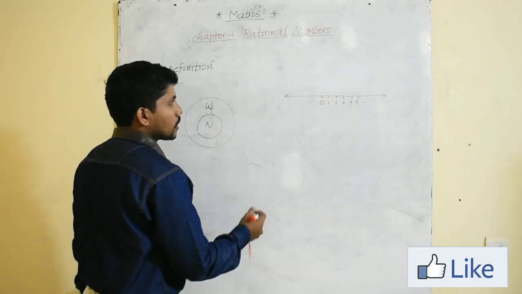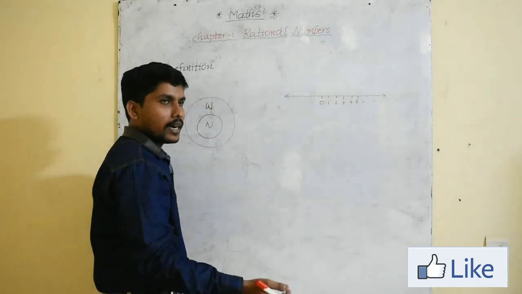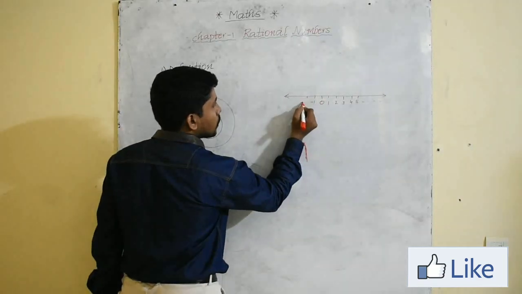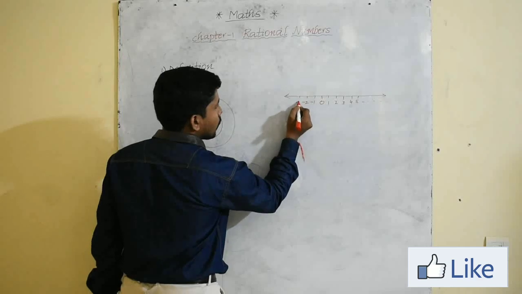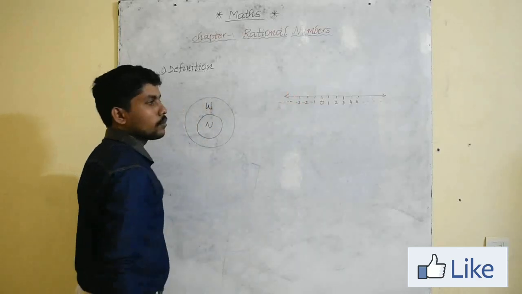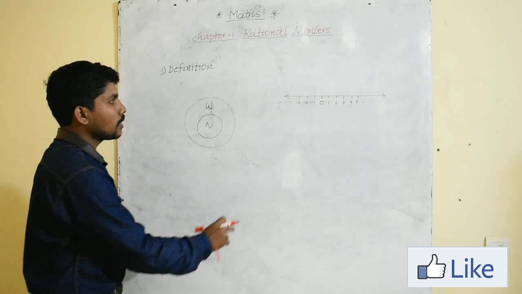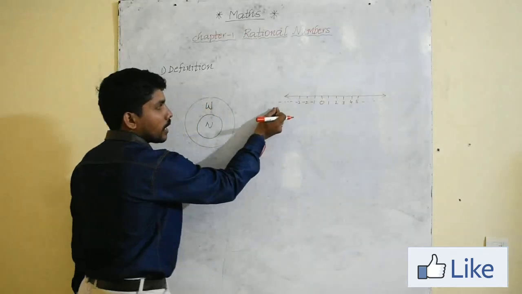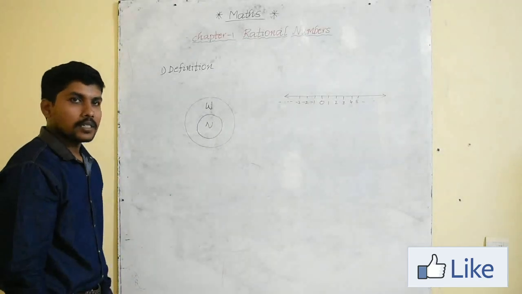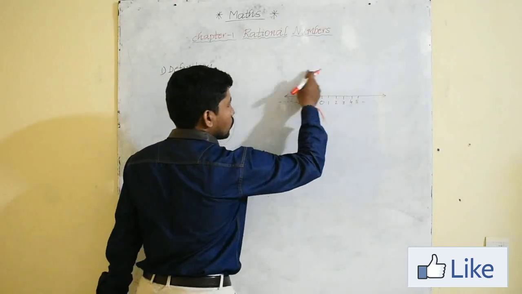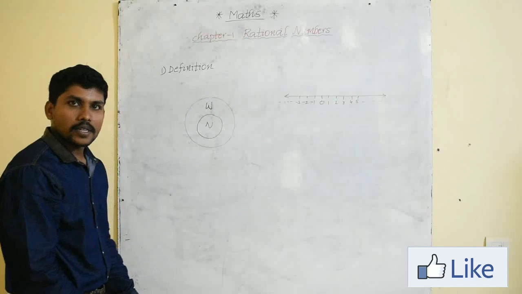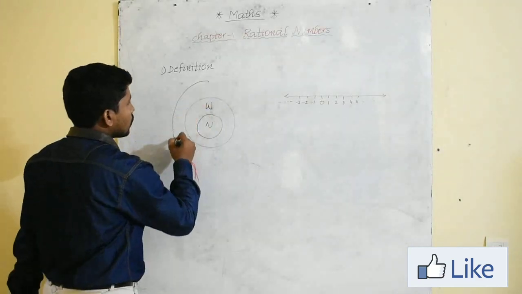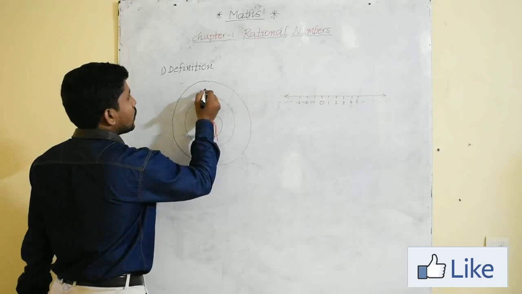And if I take, for the same number line, negative natural numbers as well as the whole numbers, then this set of numbers is called integers.